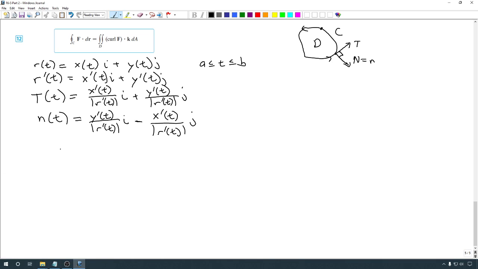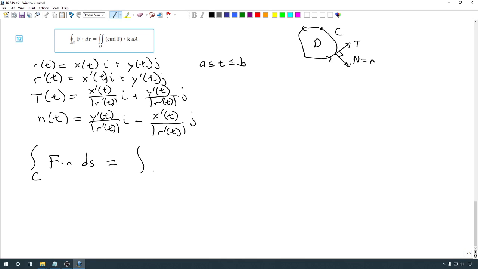Now, if we take the dot product of F with this N, so F dotted with N, and we integrate it using the scalar line integral, so this is ds, where that ds, remember, works with the magnitude of our derivative.